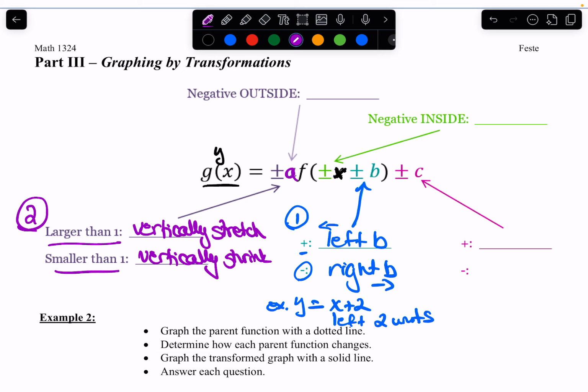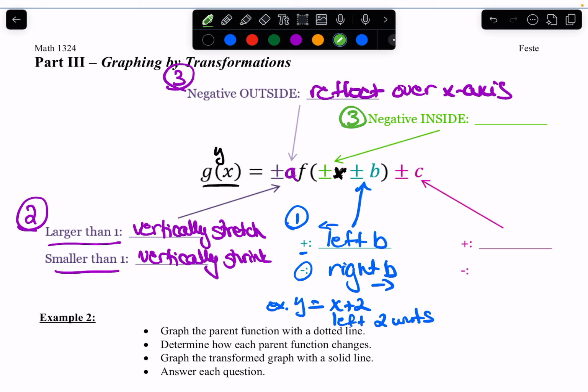Next, we're going to look at the pluses and minuses. So if we have a negative outside, we reflect it over the x-axis.